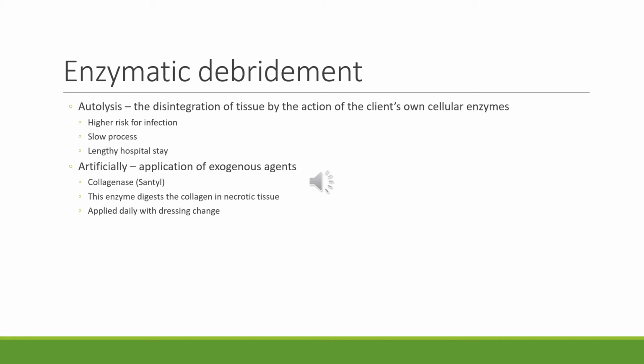Another alternative to this enzymatic debridement is artificial application of exogenous agents such as collagenase, or sometimes you may have heard it called Santyl. This is applied one time a day with a dressing change. What happens in this particular debridement is the enzymes digest collagen in the necrotic tissue, and it helps clean that wound up to allow for healthy tissue to start growing from the bottom up.